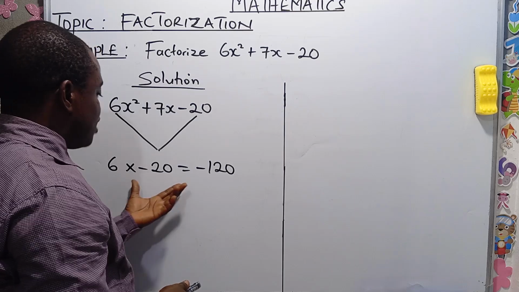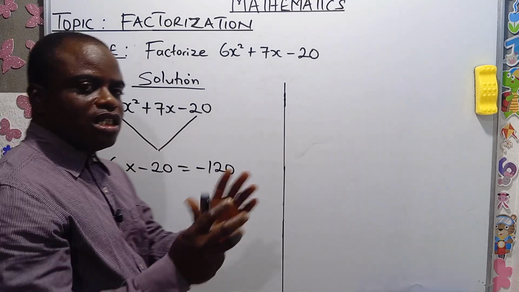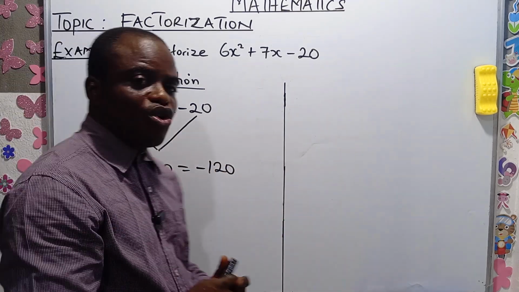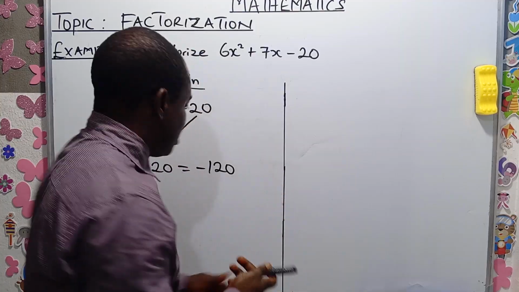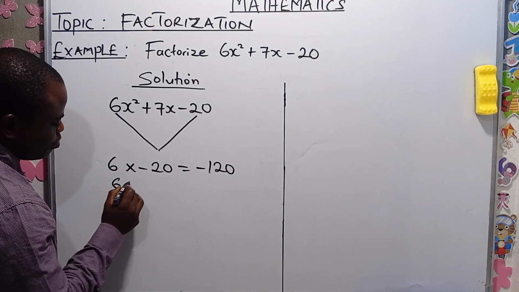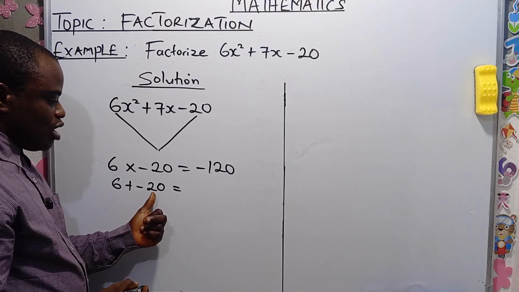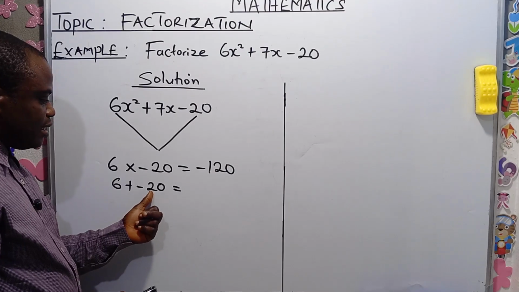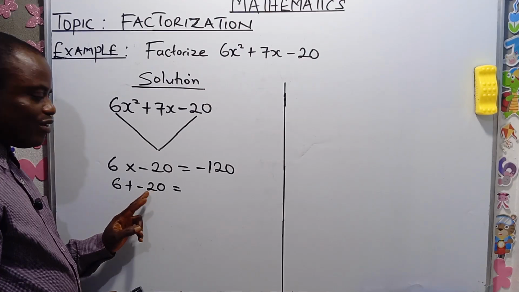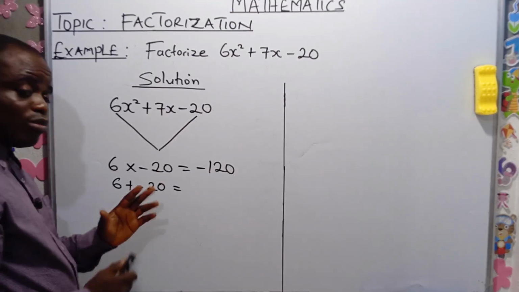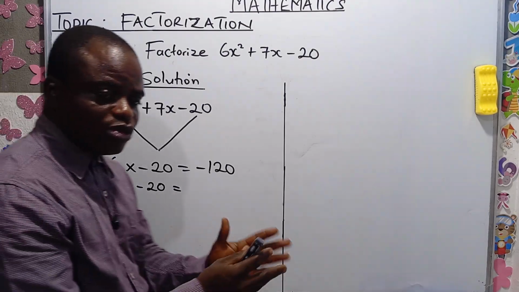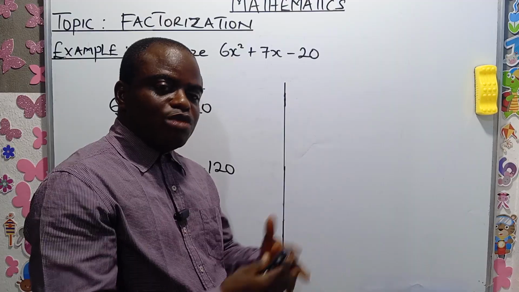Sometimes the addition of what you multiply together gives you the coefficient of x that you have. Let's try and check. 6 and minus 20. You see that the number that is the highest has the negative sign. Automatically, the answer we are going to get when adding will be negative.